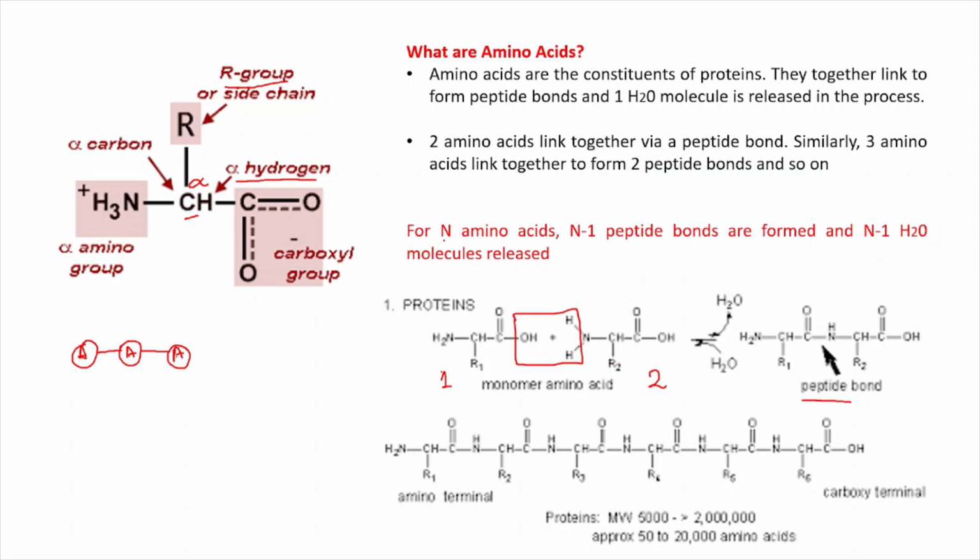For n amino acids, this formula is very important for competitive level exams. For n amino acids, n minus 1 peptide bonds are formed and n minus 1 water molecules are released. Suppose you are asked how many peptide bonds will be formed from 8 amino acids.